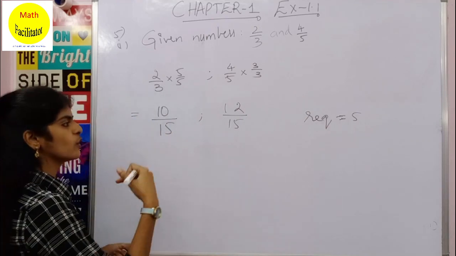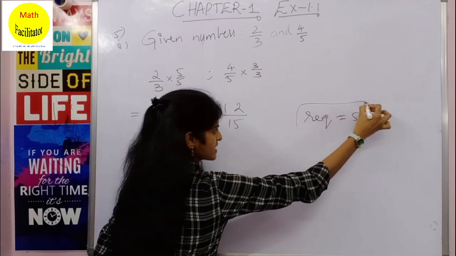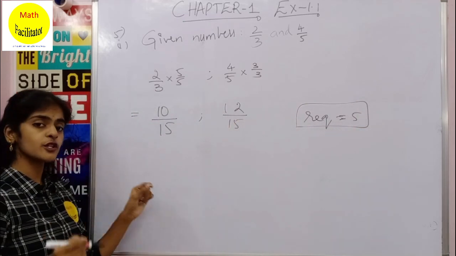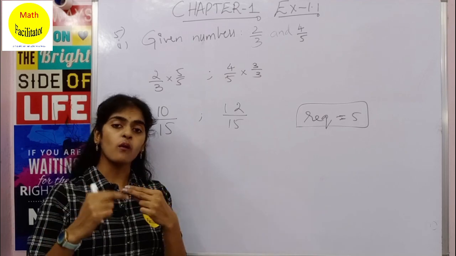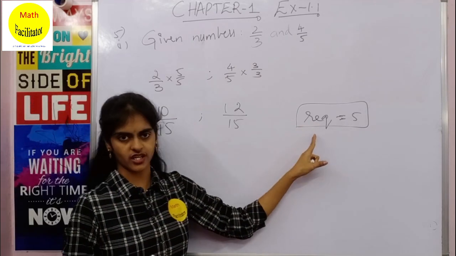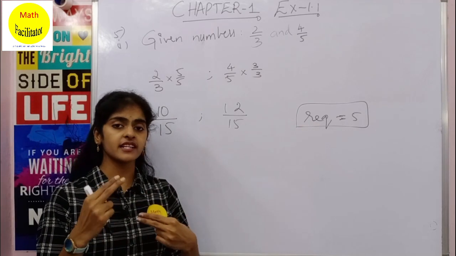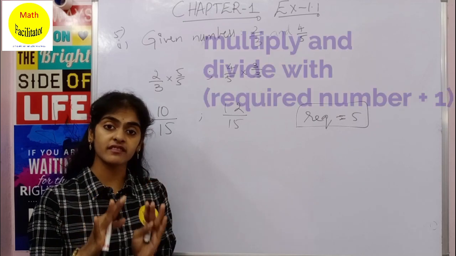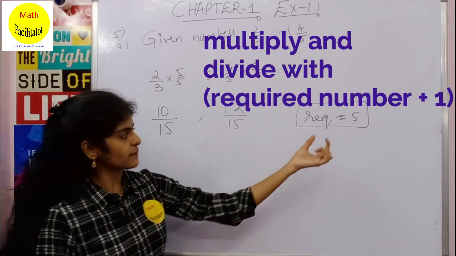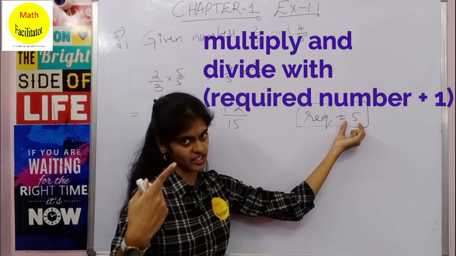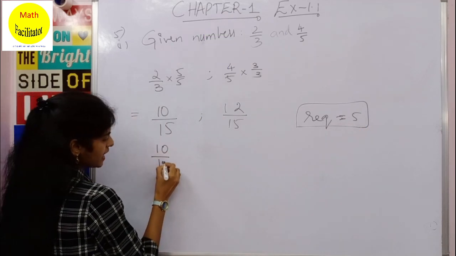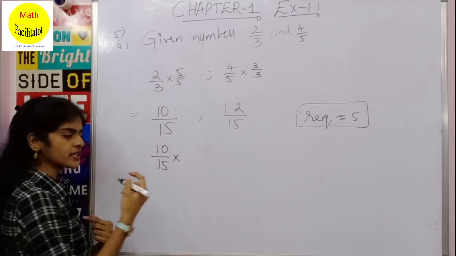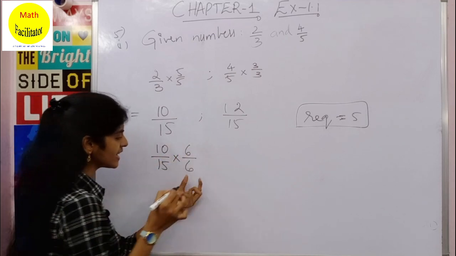The required number of rational numbers is 5. You will multiply the given fractions, the rational numbers, with one more than the required number of rational numbers. That means you will multiply and divide by 6. Let us do it, it will be clear. So 10 upon 15, you will multiply and divide by 6. Why did I take 6?